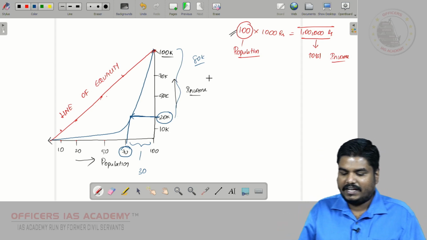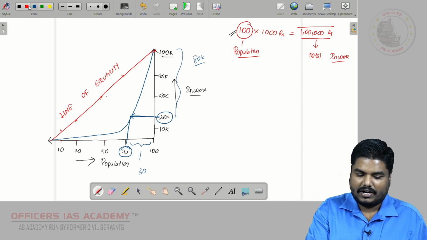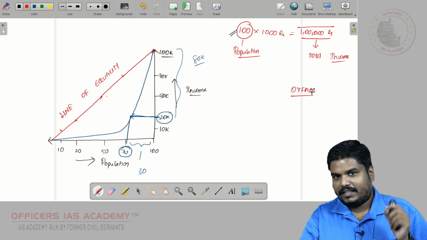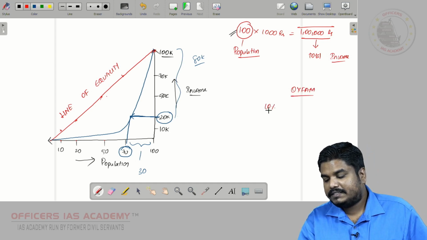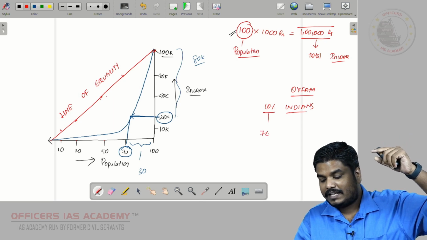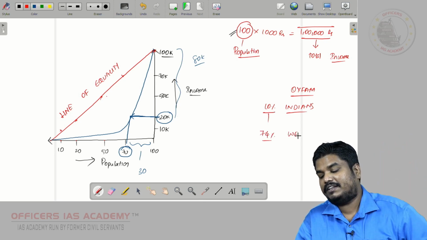If you take a country like India, according to the Oxfam report, 10% of the richest Indians control 74% of the country's wealth.